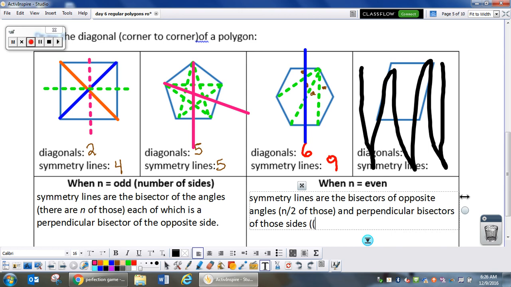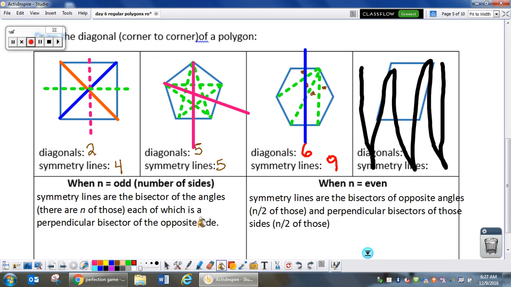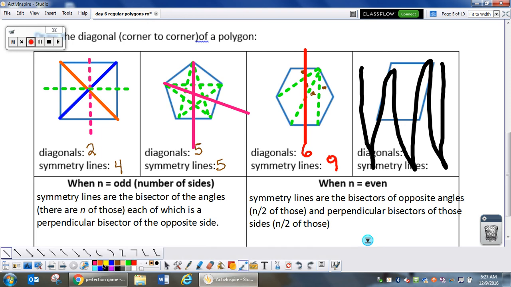And there's also n divided by 2 of those. So you can see up here in our hexagon, that symmetry line is the bisector of the sides, not of those angles. But this symmetry line coming in hot, I could bisect those angles, and that's also a symmetry line. So it's a little complicated, but I think you can do it.